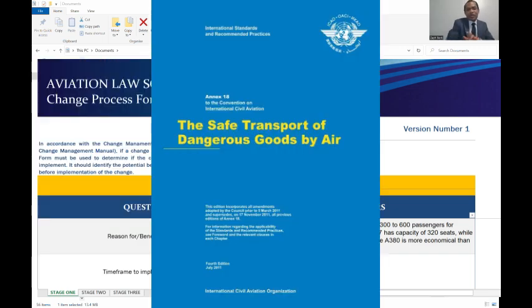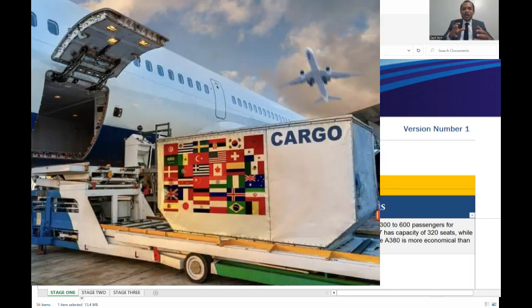Annex 18 talk about the safe transportation of dangerous goods. Now, a lot of persons don't know this. They see on the road a lot of lorries, a lot of trailers pulling around goods. A lot of the goods that the world use travel via airport. And some of those goods are dangerous goods, toxins and chemicals and corrosive and nuclear materials. Yes. And sometimes they fly through different countries.